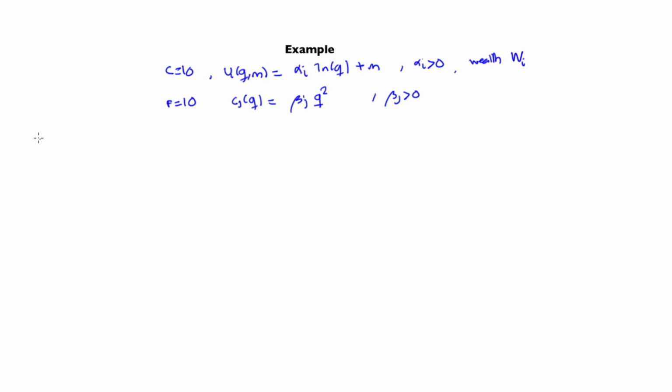So the first thing that we need to do is derive the implications of the three properties. Property 1 says that we want to look at the difference in marginal cost across firms. Now notice here that the marginal cost for firm j is equal to 2 beta_j q. That means, because the marginal cost at 0 is 0, that we're going to have interior solutions for any positive level of production.